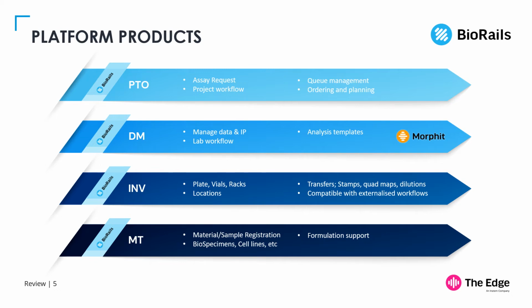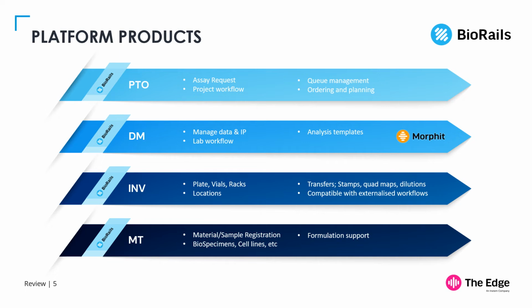It can also be used to register samples which are generated from those biological tests. So in the example of HTS screening, we're going to register the compounds in your chemical registration, and then it allows you to access those and request them in the PTO module, test them in the DM module.